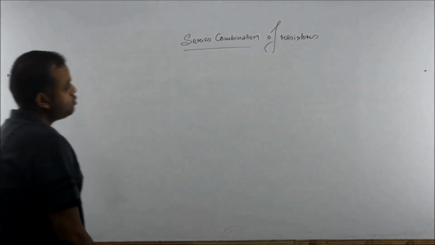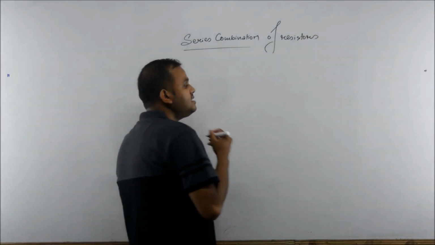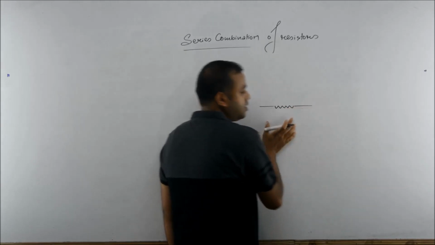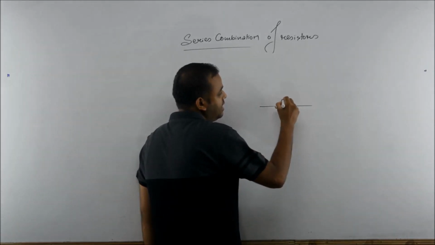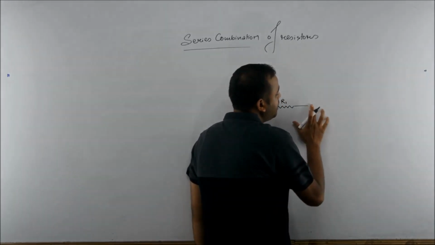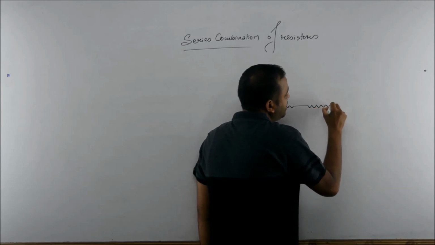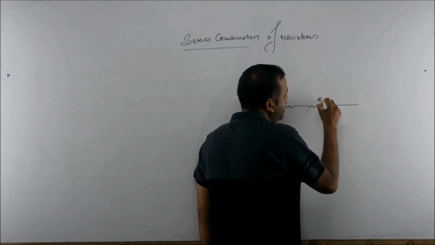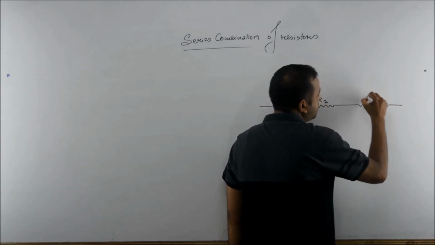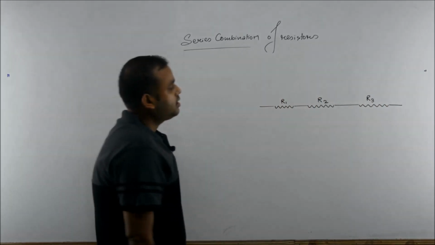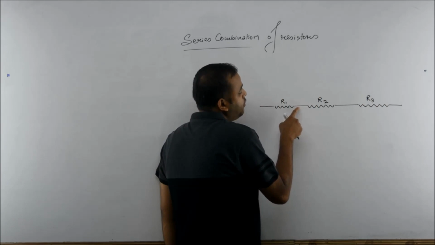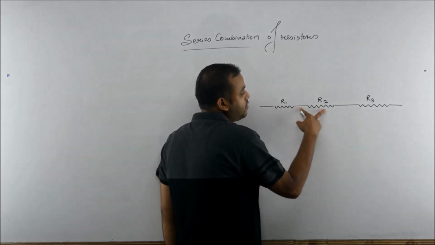So students, resistors are connected end to end. Like this is one resistor, let its resistance be R1. Then another resistor has to be connected one after another, or you can say end to end, like this. Clearly you can see that to the end of R1 another resistor of R2 is connected.